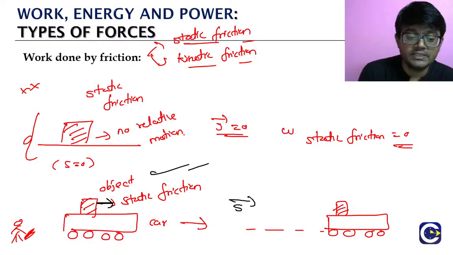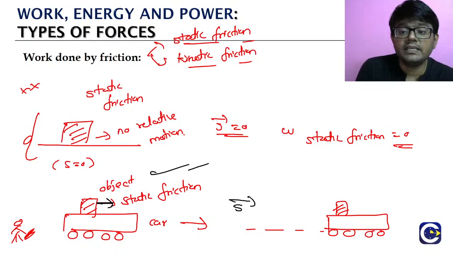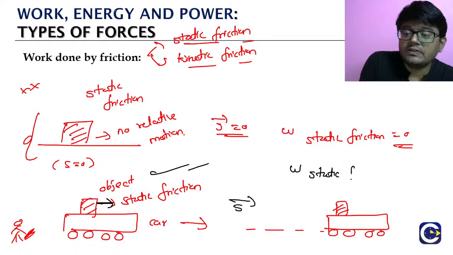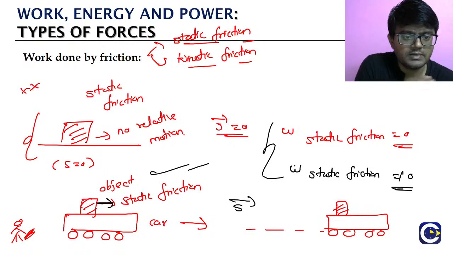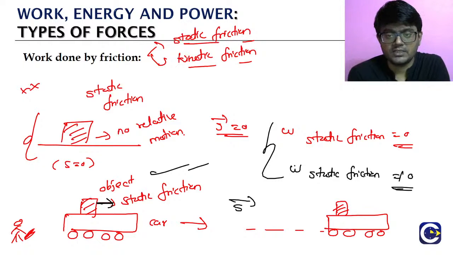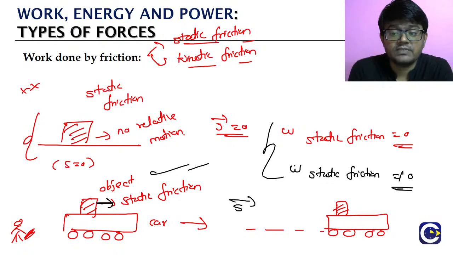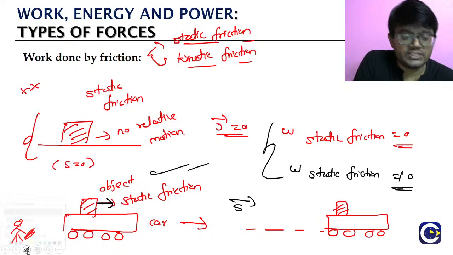So the work done by static friction will not be zero. In a lot of textbooks you will see that work done by static friction is always zero. We'll look at those statements, but we can also have examples where static friction does work. In this case, with an object on top of a car, the static friction on the object is in the forward direction and the displacement of the object is also forward, so the static friction does some work.